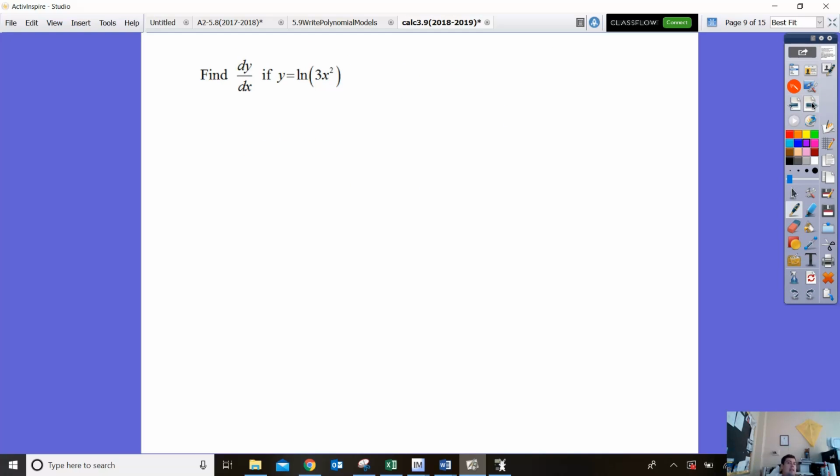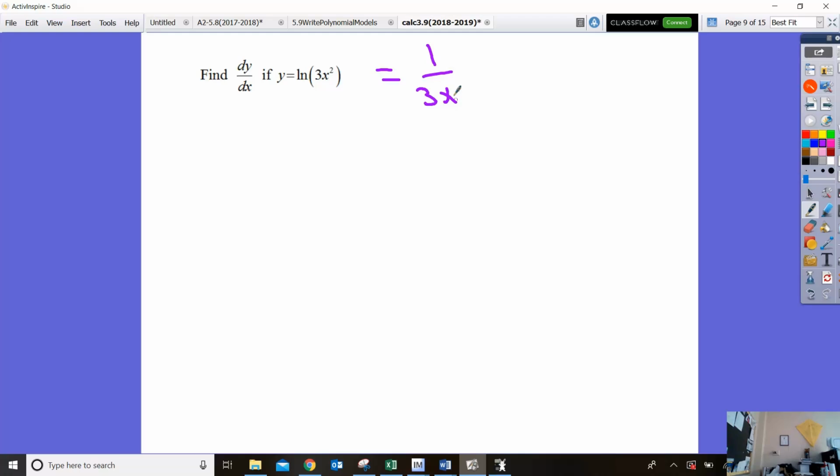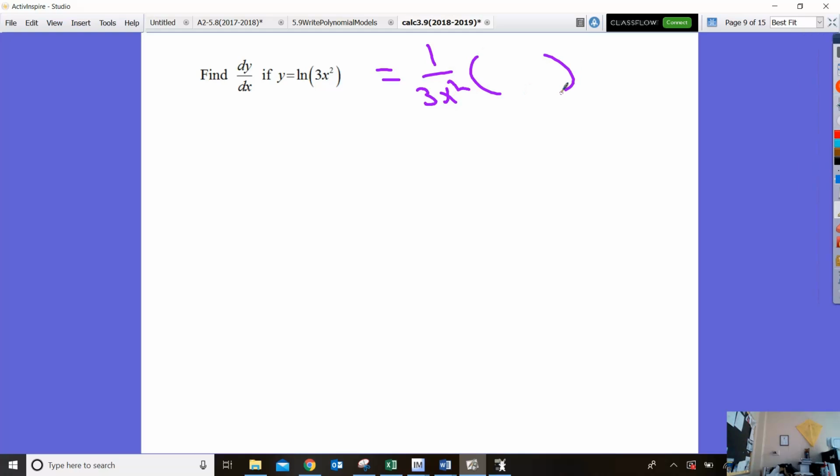All right, so find dy/dx if y is the natural log of 3x squared. It's a pretty simple deal. Just think of your rule. It'd be 1 over 3x squared, and what else do you have to do? Take the derivative of 3x squared. What is the derivative of 3x squared? 6x. And simplify, obviously.